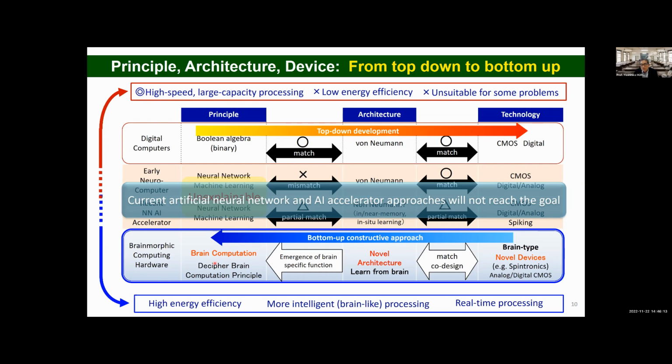However, we have much knowledge right now about the constituent elements of the brain, such as neurons and synapses and so on. If we can mimic the dynamics and functions of those elements, and connect them to make a certain brain architecture, learning from the brain, maybe some aspects of the brain function can emerge, which will contribute to deciphering the brain computation principle.